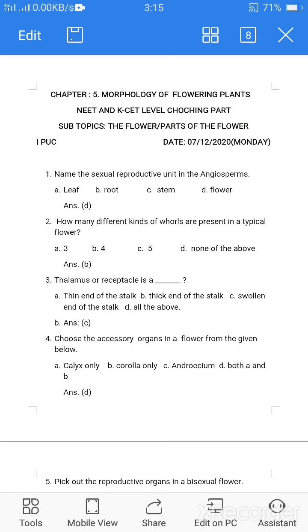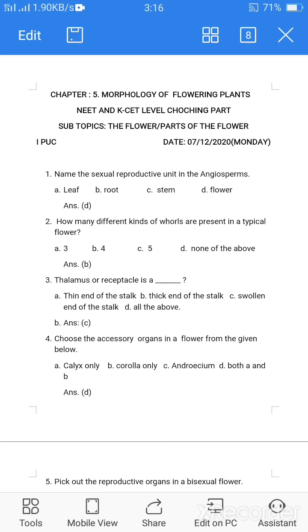Calyx is the outermost part. Next, corolla in the second whorl, then androecium in the third whorl. In the last whorl, the innermost fourth ring, gynoecium is present. So the correct answer is option B, 4 whorls, also called rings.